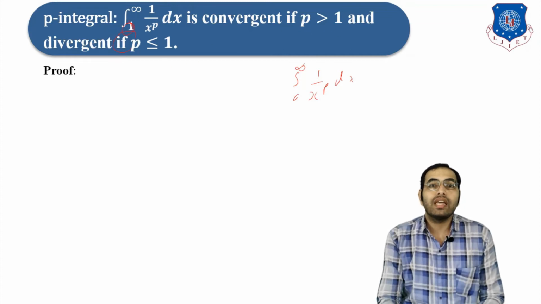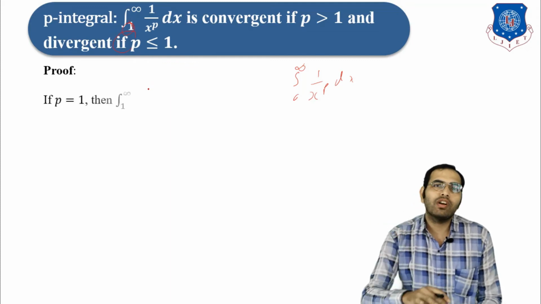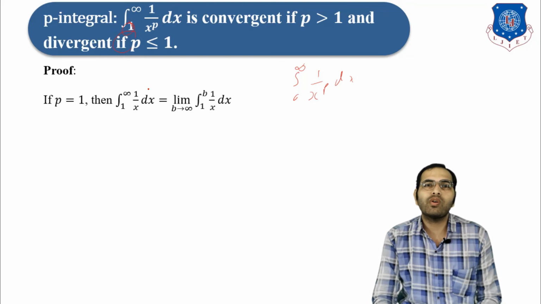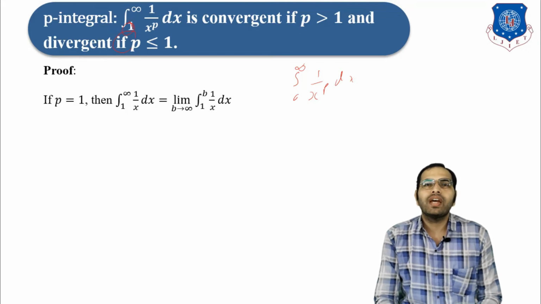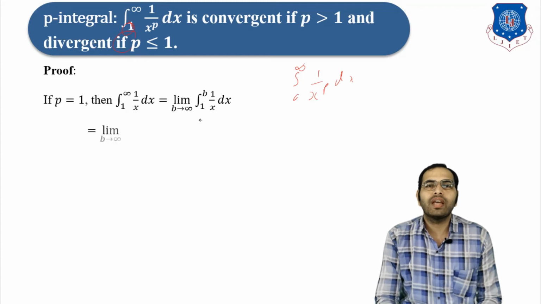Let's see, here we basically have two conditions, p equal to 1 and p not equal to 1. Firstly we have to discuss p equal to 1. If p equal to 1, then our integral becomes integral 1 to infinity 1 upon x dx. Then, as the upper limit is infinite, limit b tends to infinity integral 1 to b 1 upon x dx. Then the integral of 1 upon x is ln x, where x varies from 1 to b.